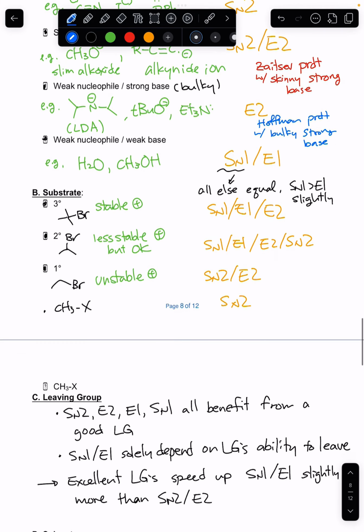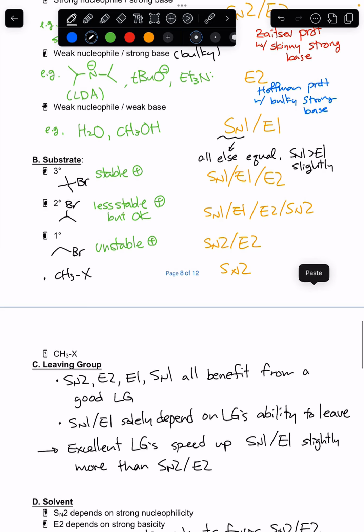Example of that, sorry, I don't have a good space to draw it, but if you had something like this, and let's say you have methoxide and heat, or t-butoxide and heat.